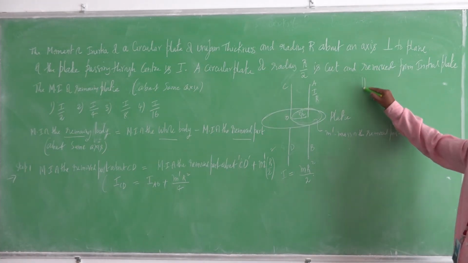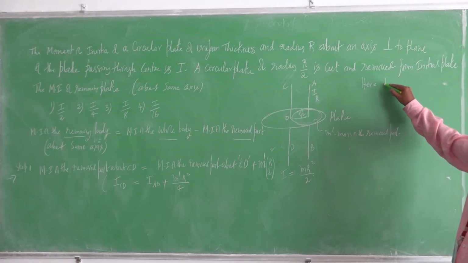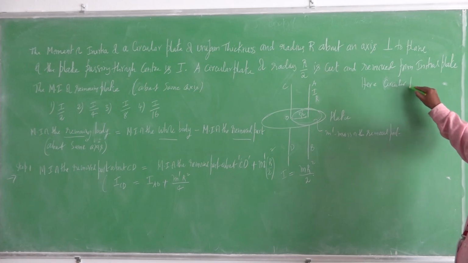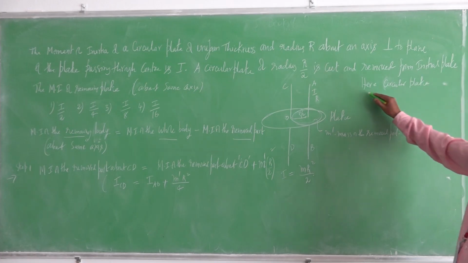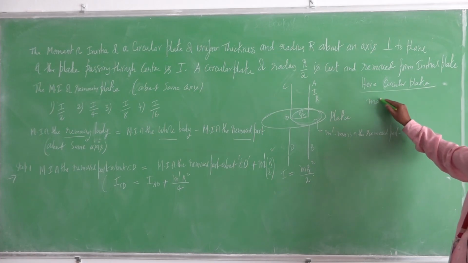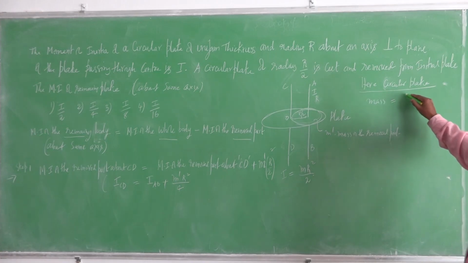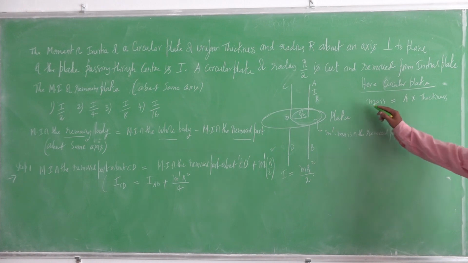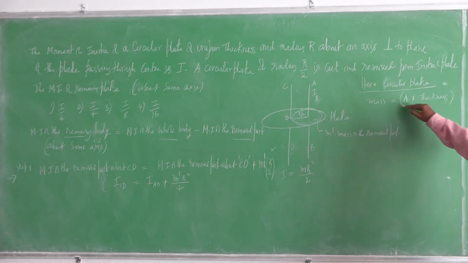For a circular plate, mass is equal to area into thickness, the area of cross section into thickness becomes volume, into density gives mass. So I am using the formula mass equals volume into density.